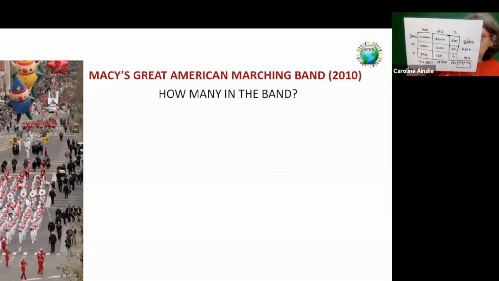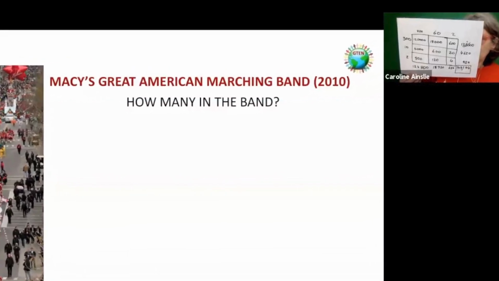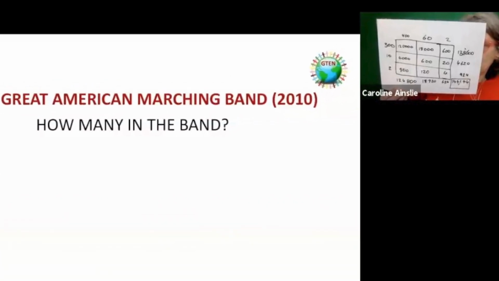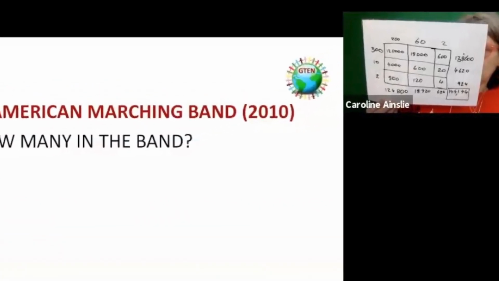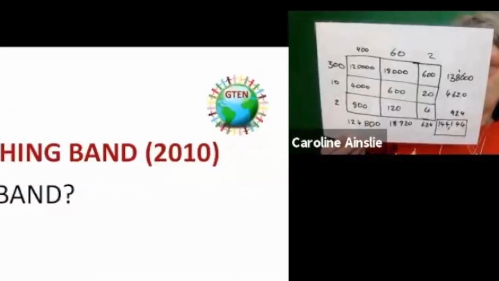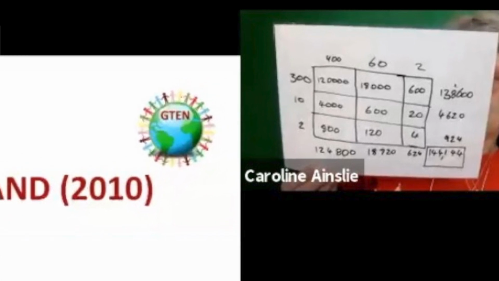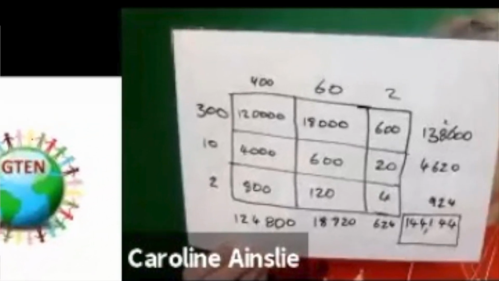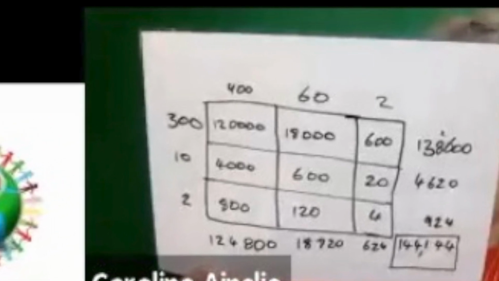And that's exactly what Caroline's showing you for a different purpose, but we're going to be using it again. There's the same idea where she's put the totals across and the totals down, and finally, whether you go down or across, you get the final total, 144,144 in the bottom right-hand corner.